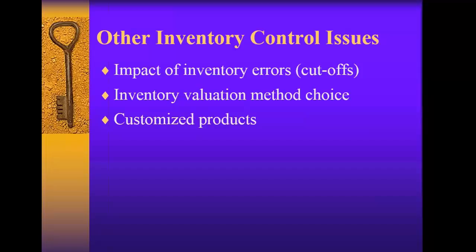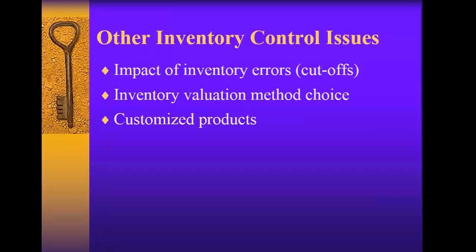But simultaneously with this, we have a debit to cost of goods sold and a credit to inventory. So what this means is that at any given point in time, we have an accurate count of what our inventory is. Why is that important? Well, that's extremely important because we're able to track our inventory.